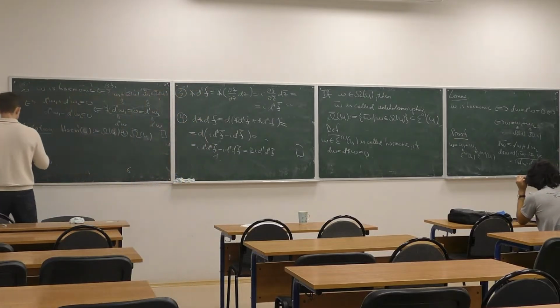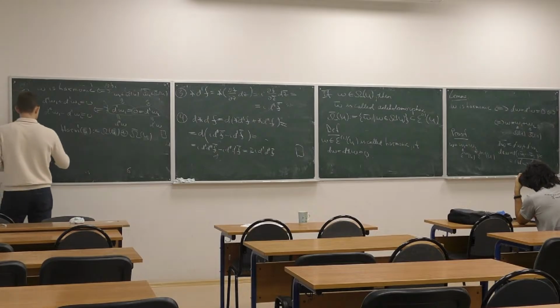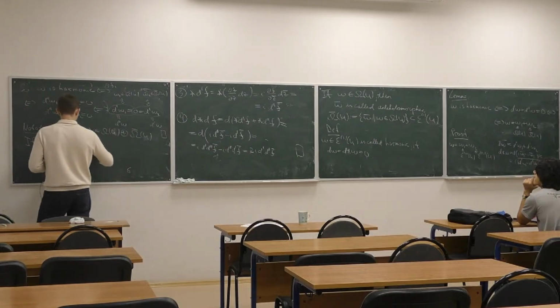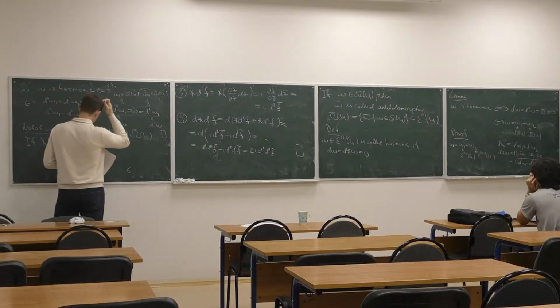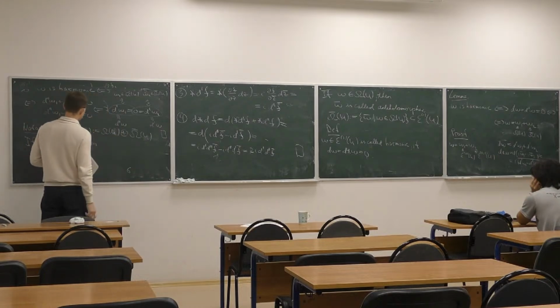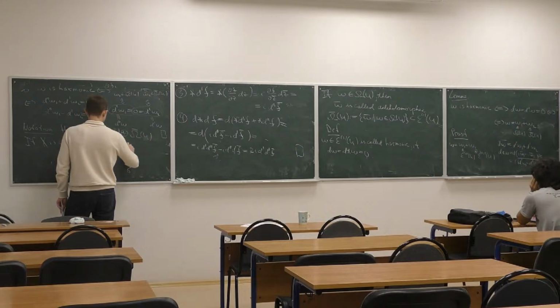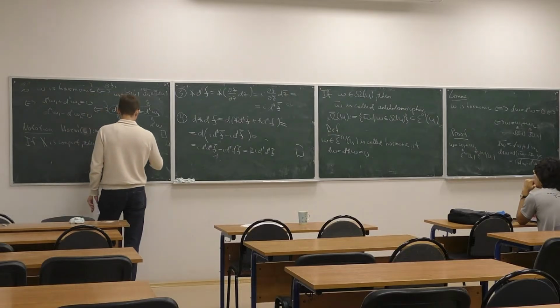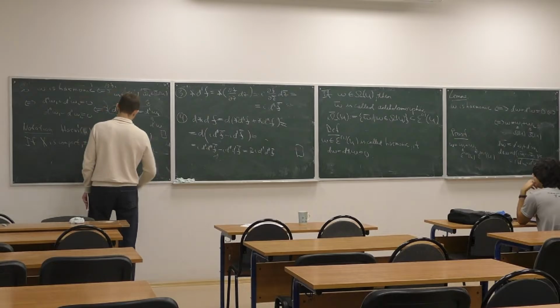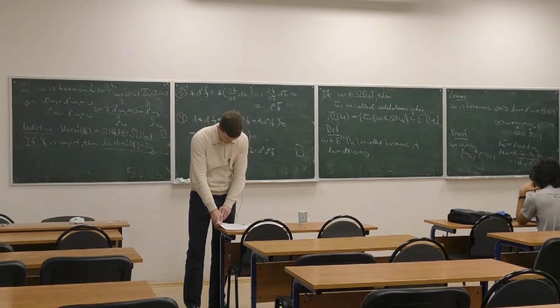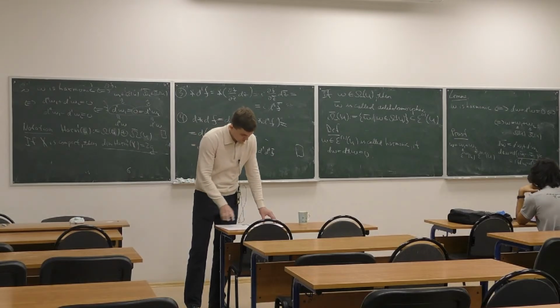Then if X is compact, we know that the dimension of holomorphic one forms on X is equal to g. So we get that the dimension of the space of harmonic forms on a compact Riemann surface of genus g is equal to 2g.